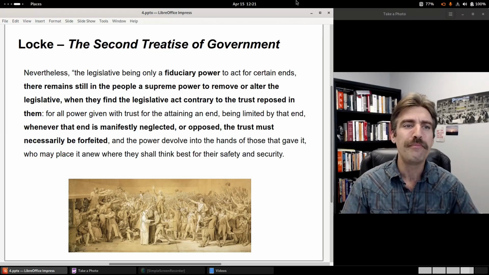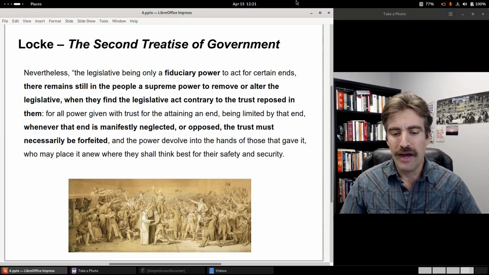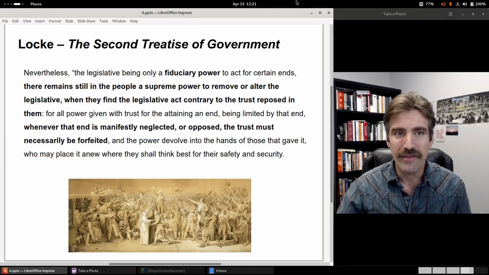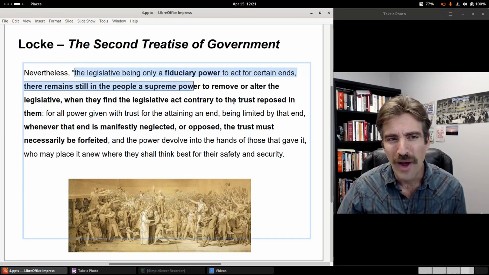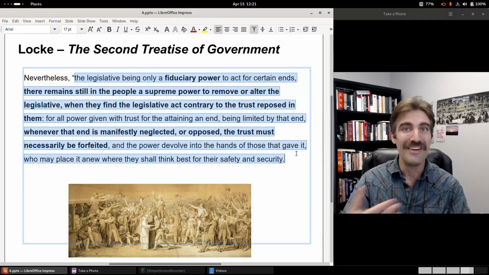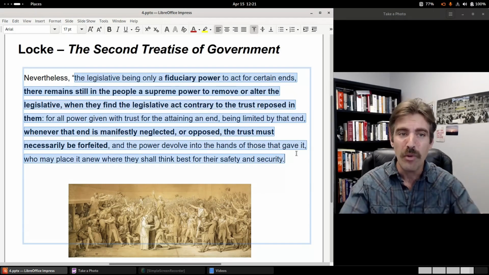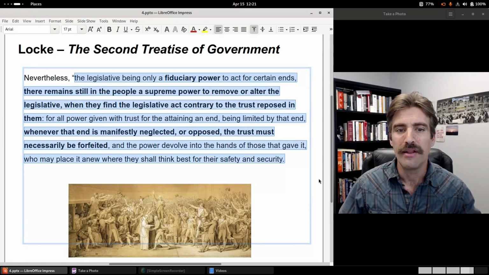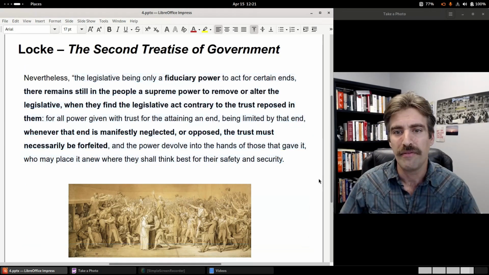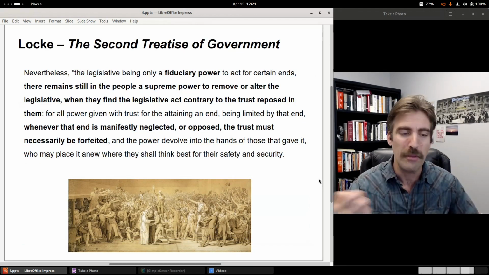That's a problem. But elections are a way to formalize this process so that you don't have to have a revolution on a regular basis. No, you can have voting, you can have elections, and politicians who are no longer trusted by the people can be voted out.